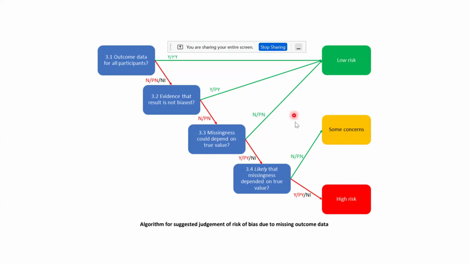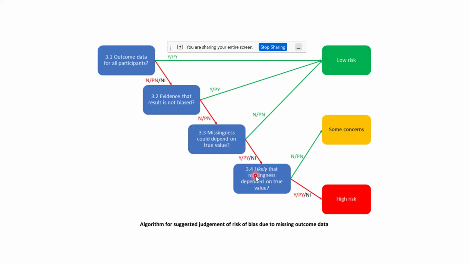For example, in the exercise program that we were talking about, suppose the participants who were not compliant did not turn up for outcome measurement, while participants who are more compliant did turn up. In this case, missingness could depend on the true value, isn't it? According to that, we go for low risk or we go to the next question.